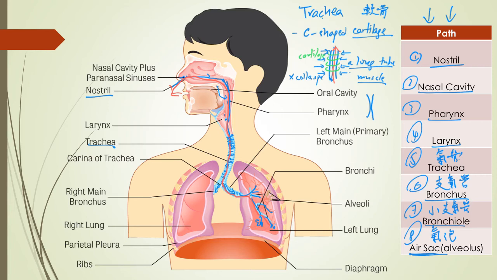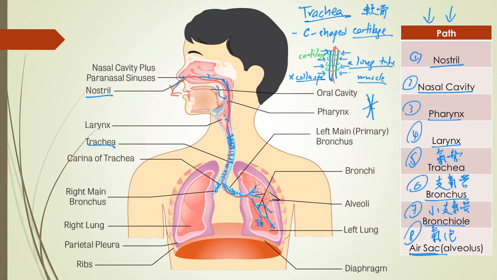So that's why the cartilage is trying to hold the shape of the trachea in order to prevent it from collapsing.